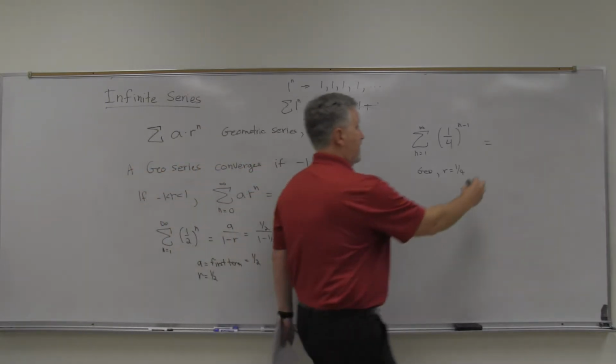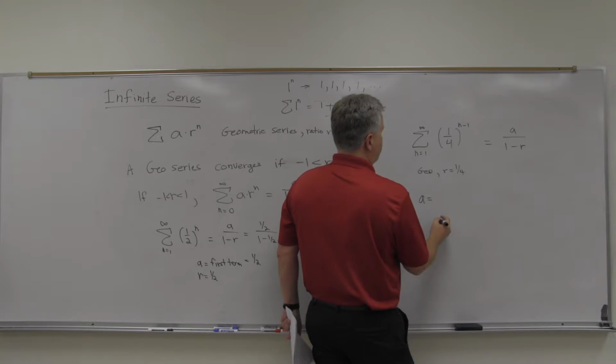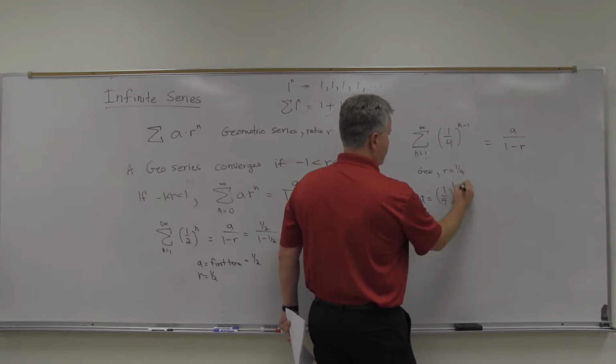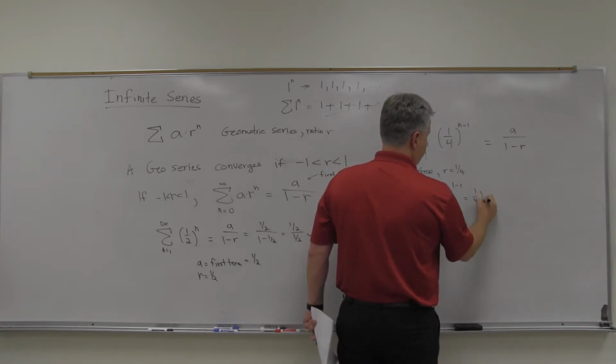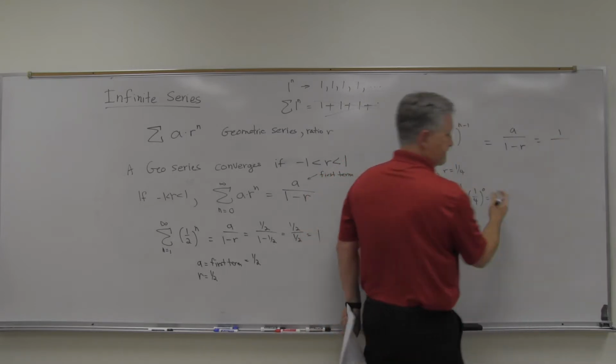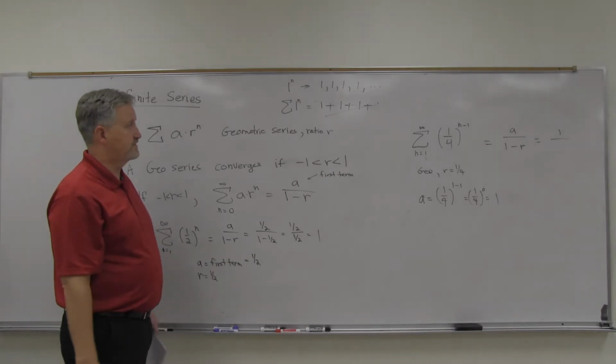So it converges to A over 1 minus R. What is A here? If we plug in the first term, we get 1/4 to the 1 minus 1, so that's 1/4 to the 0, so the first term is 1. You just have to figure out, based on your index, what that first term is. In this case, it is 1.